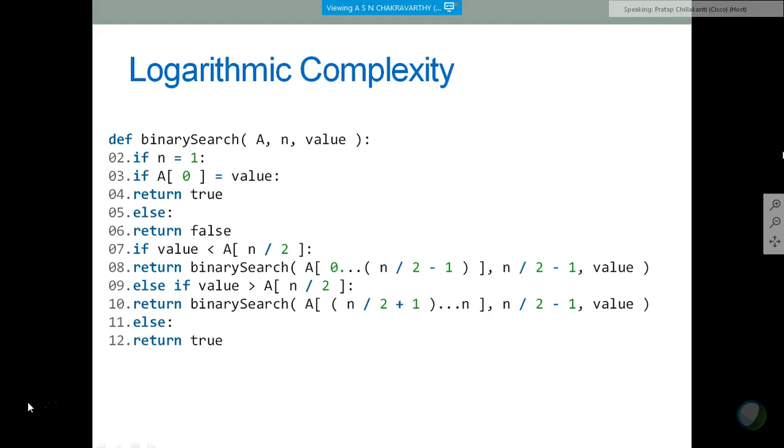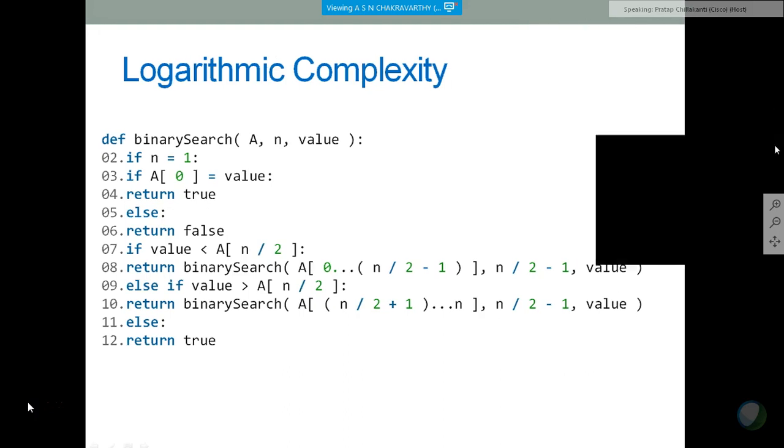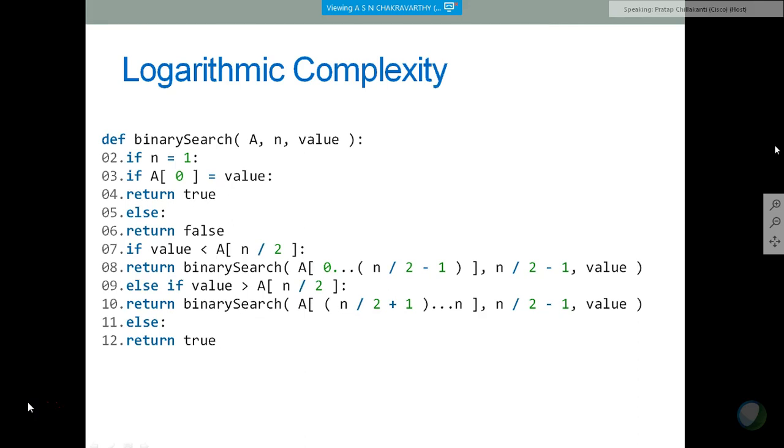I want you to review this code. One of the things to remember is that it is a sorted array. In this case, we're not talking about trees and all that yet. We are still in the realm of arrays here. So we have a sorted array, that is A, and then the size of the array, that is n, and then the value that you're searching for.